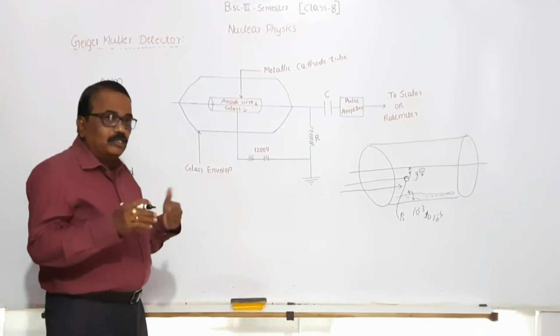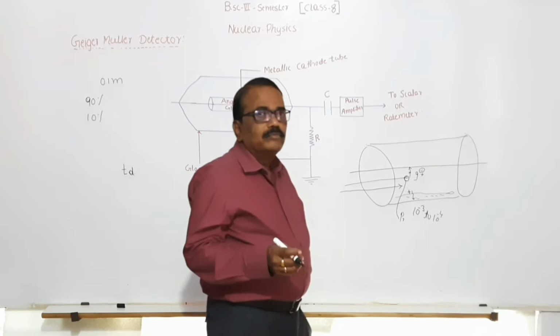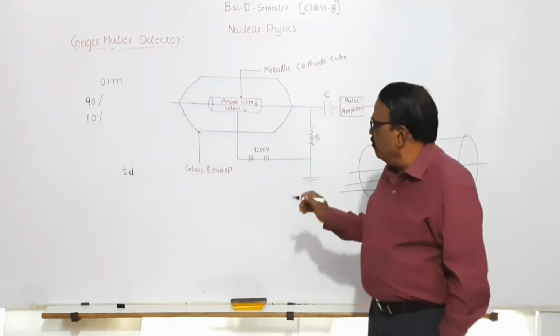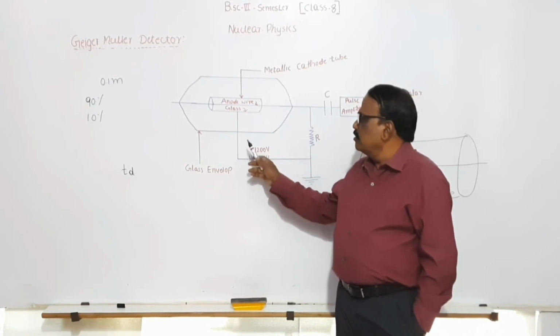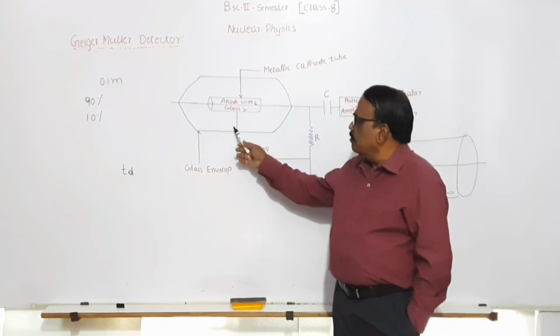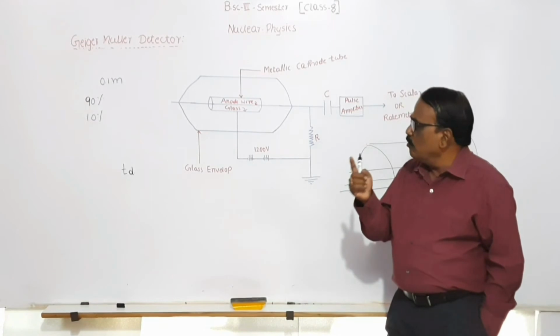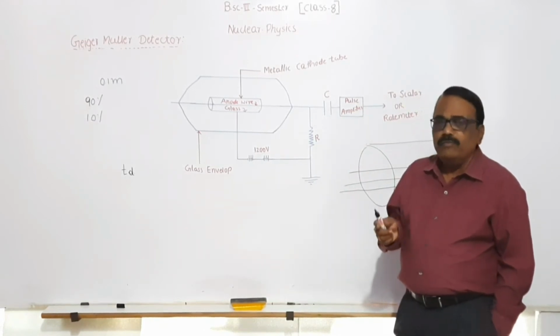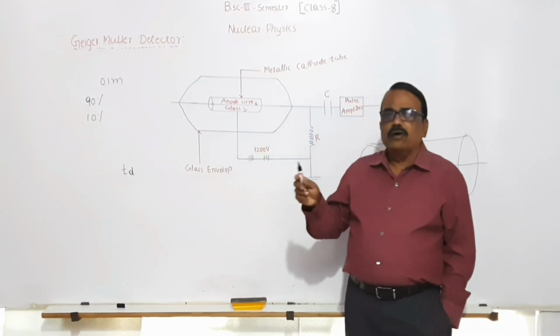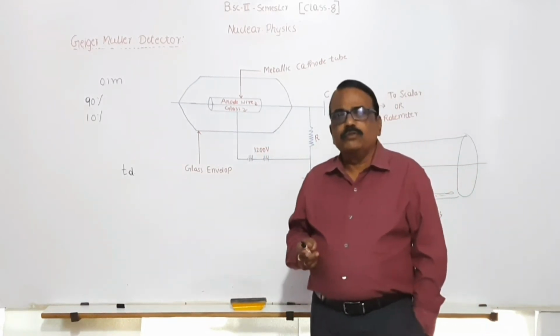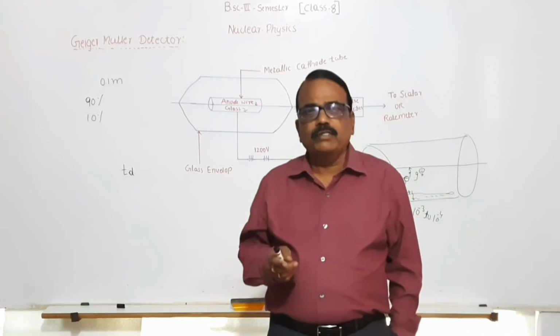Then how to restart this GM tube? Either all these positive charges are attracted by the cathode, or we have to remove all these positive charges or neutralize them by some secondary effect.